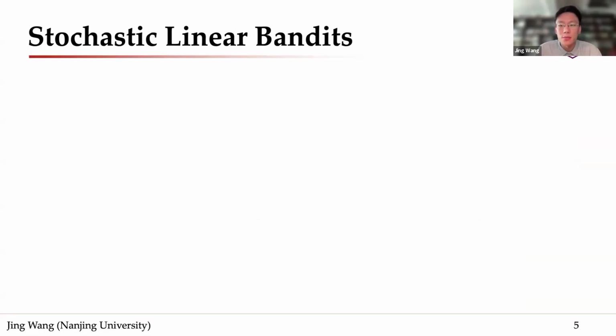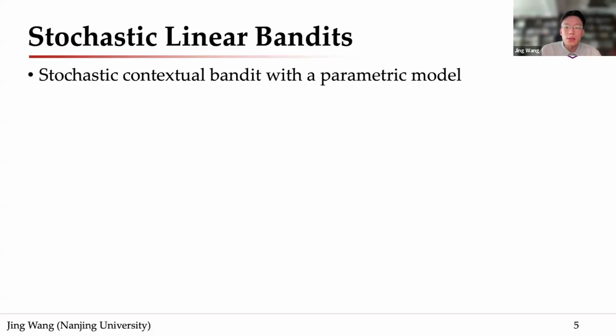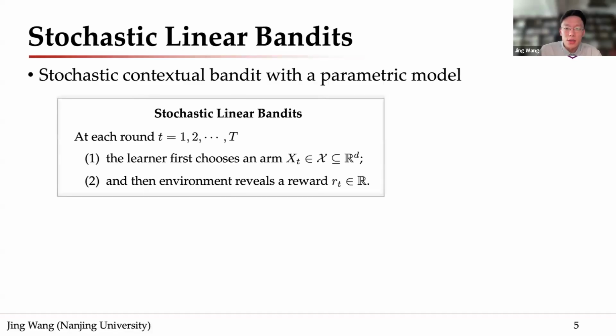Let's move from the multi-armed bandits to the stochastic linear bandits. For the stochastic linear bandits, every arm is associated with a feature vector. So we think the arm has some side information. At each round, the learner can choose an arm x_t, which is a d-dimensional vector. And then the environment will reveal a reward r_t.